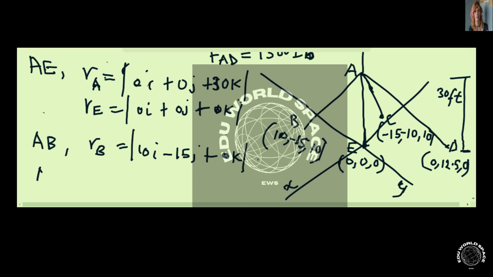And for AC, we are going to have our RC to be equal to minus 15I minus 10J plus 10K.